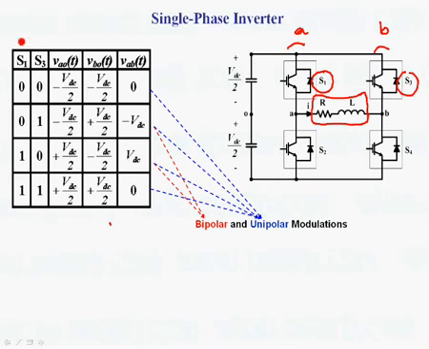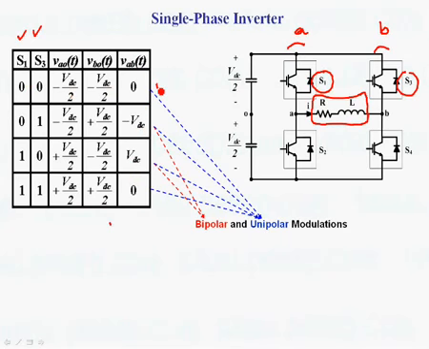That means there are four different combinations: when top switches are off, when S3 is on and S1 is off, when S1 is on and S3 is off, or when both are on. So we have four different switching states and three different voltage waveforms.